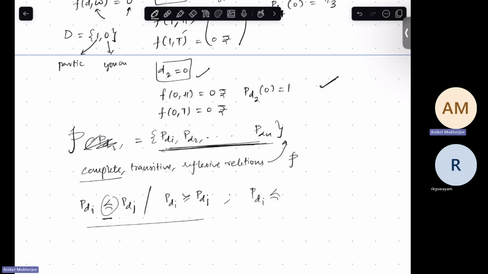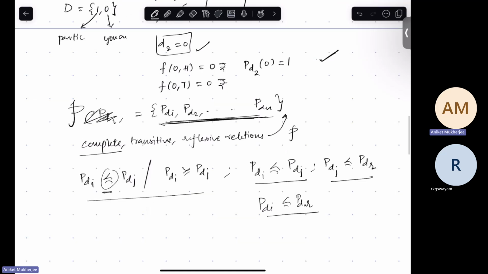How, I don't know, but I just know that there exists some relation where I can say that dj is better than di. That relation exists. So if dj is better than di, and suppose I also have dr better than dj, then this gives me dj better than di, this gives me dr better than dj. Then I can say that di is better than decision dr.